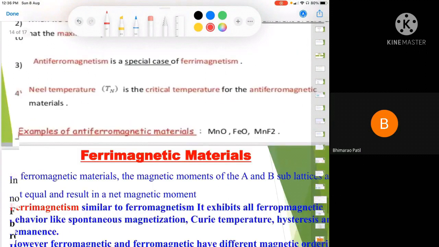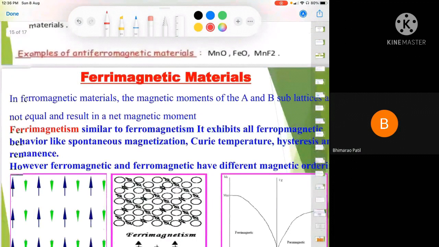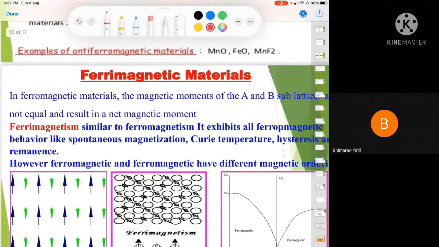Then the fifth type of magnetic materials is ferrimagnetic materials. In ferrimagnetic materials, the magnetic moments of the lattices A and B are not equal. Due to that, the material shows net magnetism.